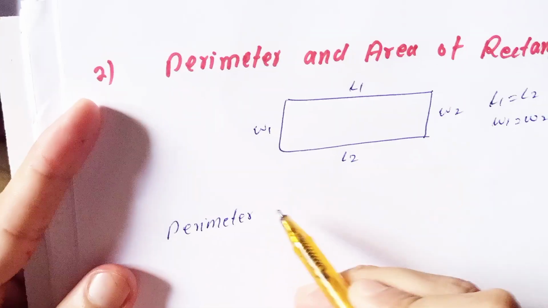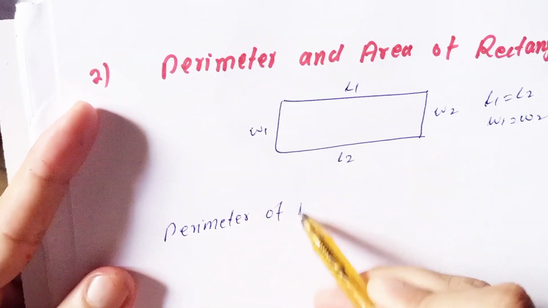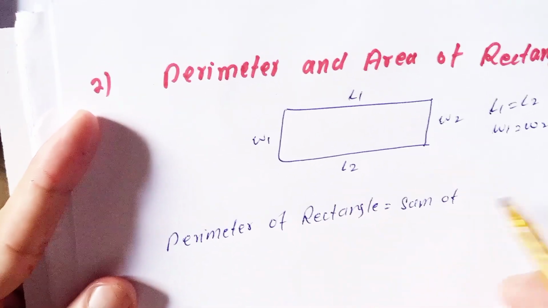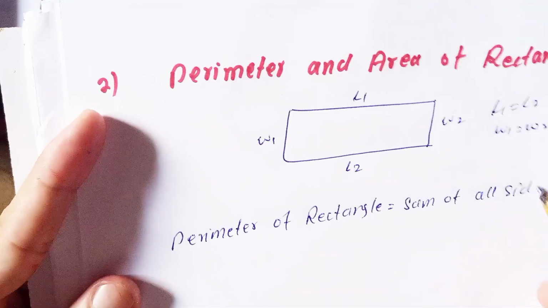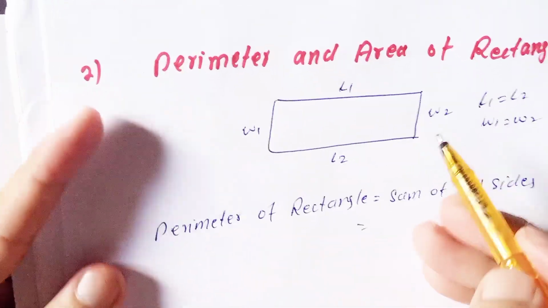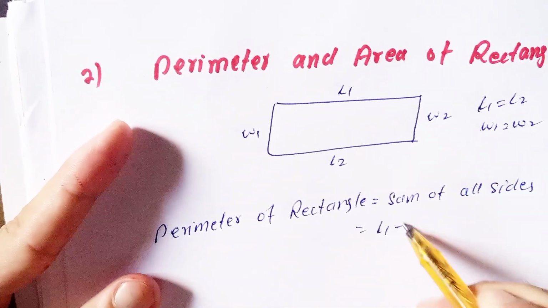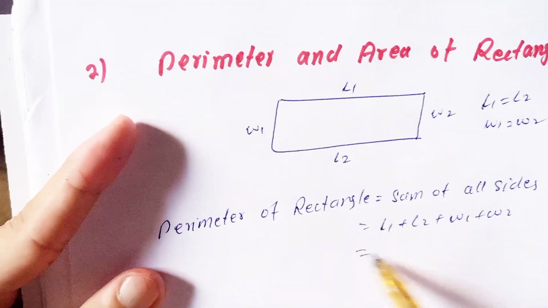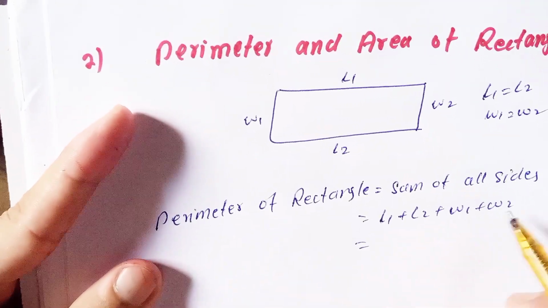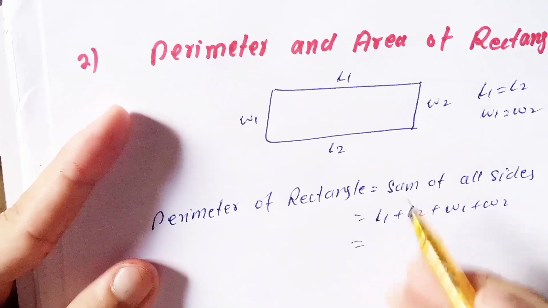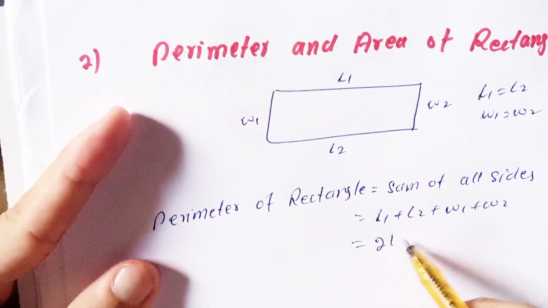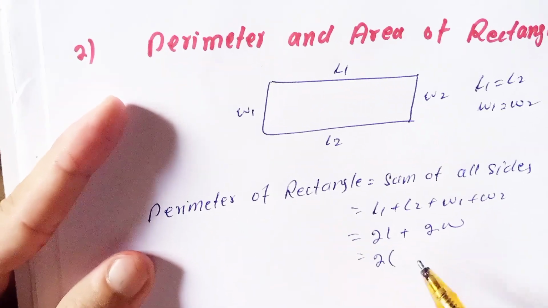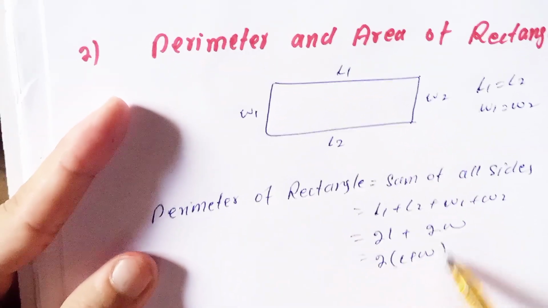Right, so the perimeter of rectangle is equal to sum of all sides, and the sum of all sides is equal to length 1 plus length 2 plus W1 plus W2, right? So L1 and L2 and W1 and W2 are equal, so we will write them as 2L plus 2W. Take the 2 common, which is equal to 2 and 2L plus W.